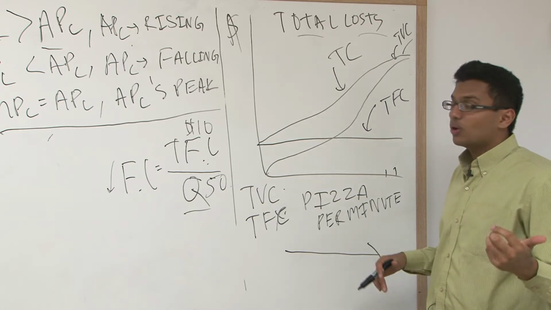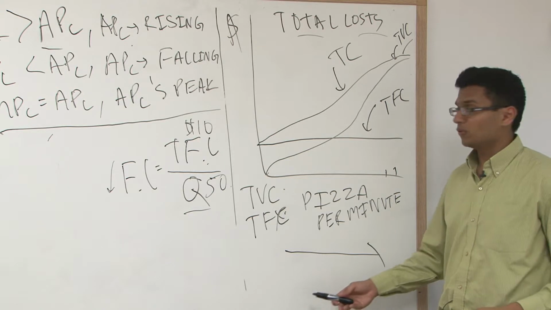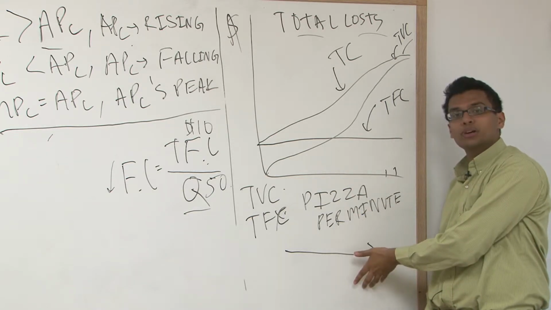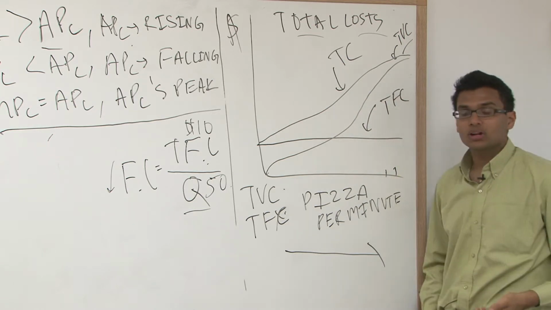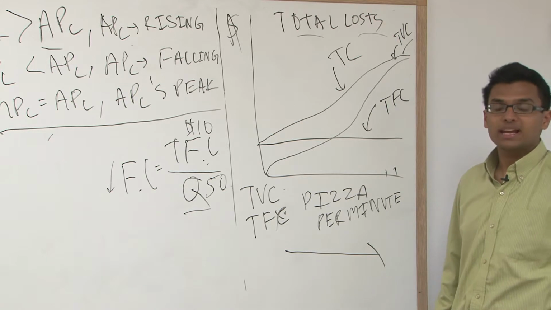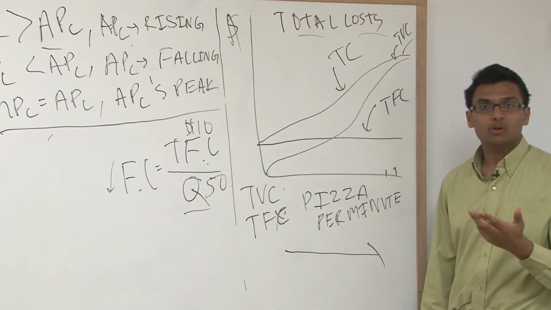I'll say that one more time. As you produce more and increase your level of output, your total fixed costs are not going to matter as much in relation to your output, and your total variable costs are what matter, which is why your total cost line is going to look more like your total variable cost line as you go out to infinity in terms of your employment.